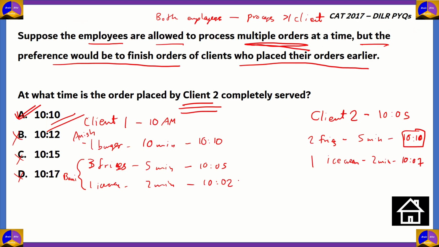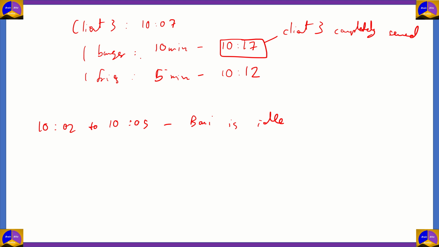Now, at 10:05, Anish is still preoccupied with the burger. So Bani makes the ice cream and the fries and keeps the fries in the thing. However, at 10:07, we have client 3.